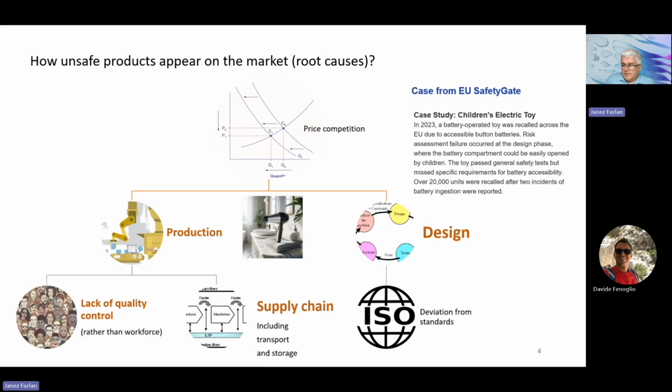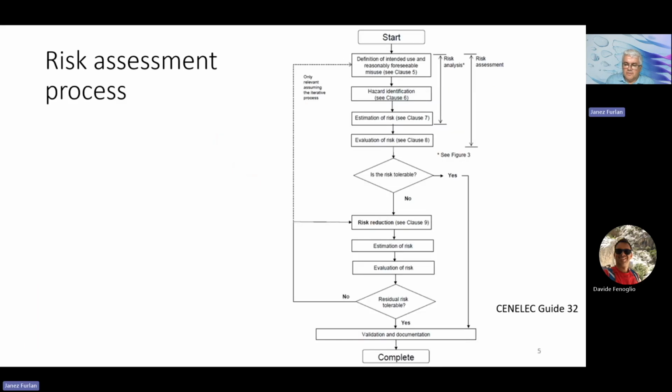One of the very common examples of this price competition resulting in unsafe products is from the toy sector, where, for example, toys that are operated by button batteries or have some functionalities supported by button batteries are not well designed, and the children very easily can access these button batteries, swallowing them, which shouldn't be possible.